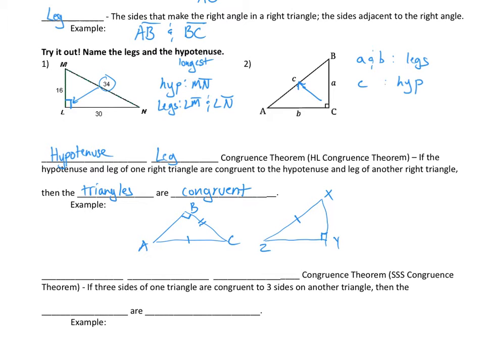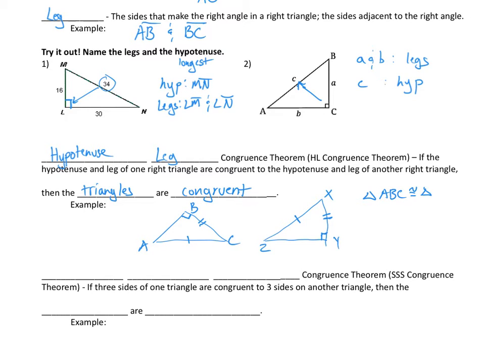So if, let's say, here is congruent to this one, then I can guarantee, because these two are both right triangles and they have the hypotenuse and the leg congruent, then we can say that triangle ABC is congruent to triangle.